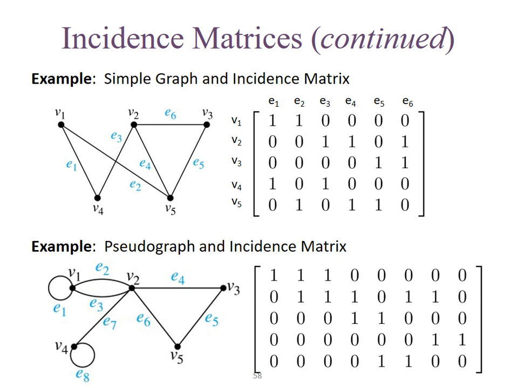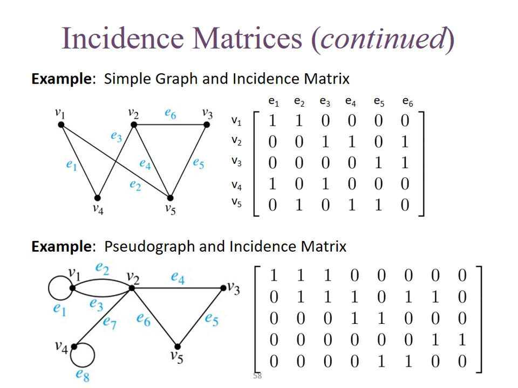And then we can see E1 is incident with V1 and V4. So for the first column, E1, we have V1 and V4 as 1. Then E2 is incident with V1 and V5. So you can follow this sequence from E1 to E6.